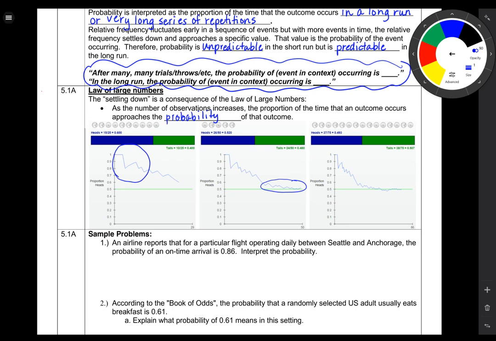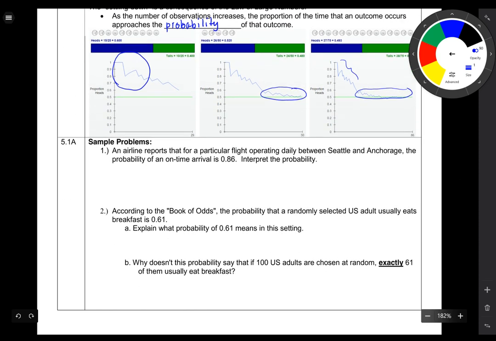And if you were to do it hundreds of times, it's going to get closer and closer. So you'll have just barely a little fluctuation, but less variance here because look how stable it gets. Just a little bit of variance right here at the very beginning. So as you can see, when you increase the number of trials, you're going to get closer to that predicted probability. And let's look at some sample problems.